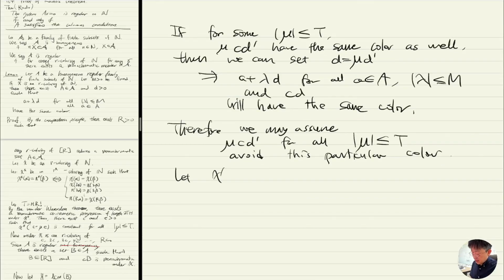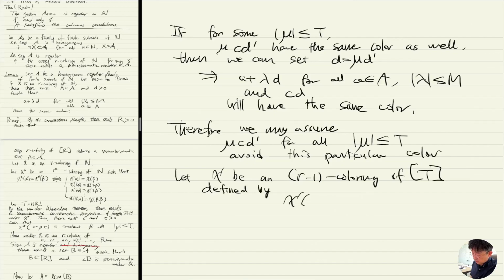So let chi prime be an r minus 1 coloring of integers from 1 up to T defined by chi prime of alpha equal to chi of cD prime times alpha.